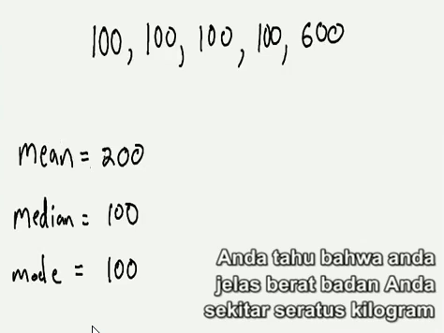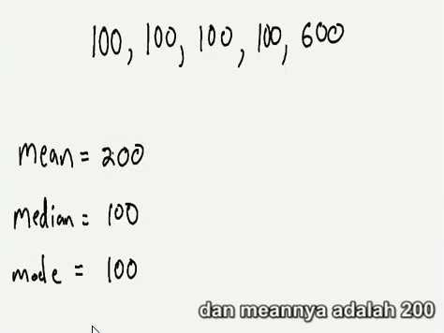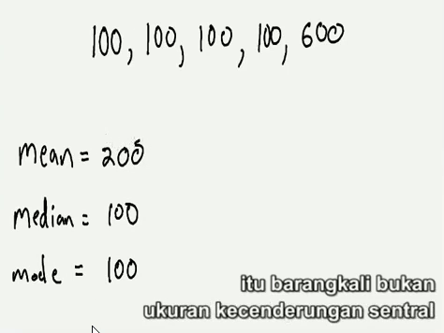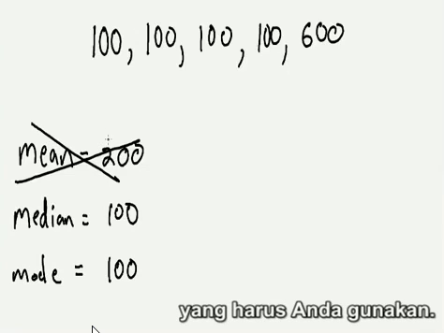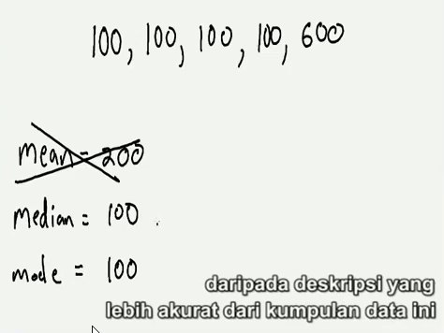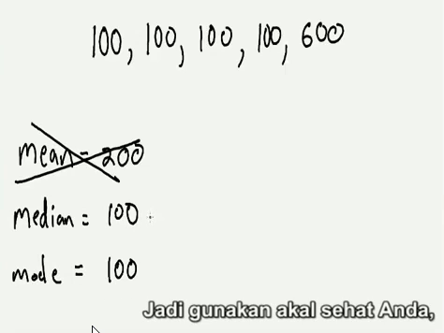Obviously your weight is around 100 pounds, and the mean says that your average weight is 200 pounds. So that's not even close. The mean is probably not a measure of central tendency that you should use, and the median and the mode are much more accurate descriptions of this data set. So use your common sense.